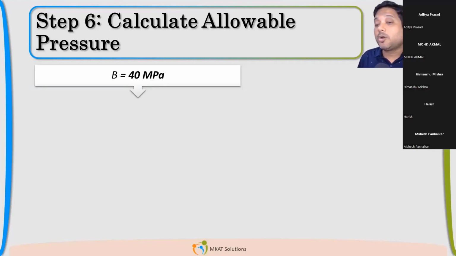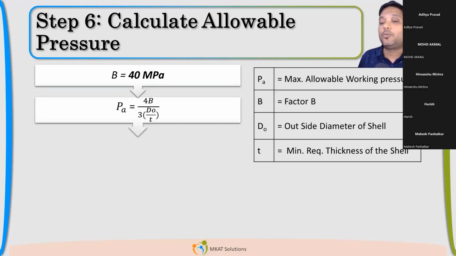So now we got factor B. Factor B is 40 MPa. Whatever value you see as factor B is in MPa unit. Based on this factor B, the code gives you a formula with which I can calculate the allowable external pressure, the PA value.